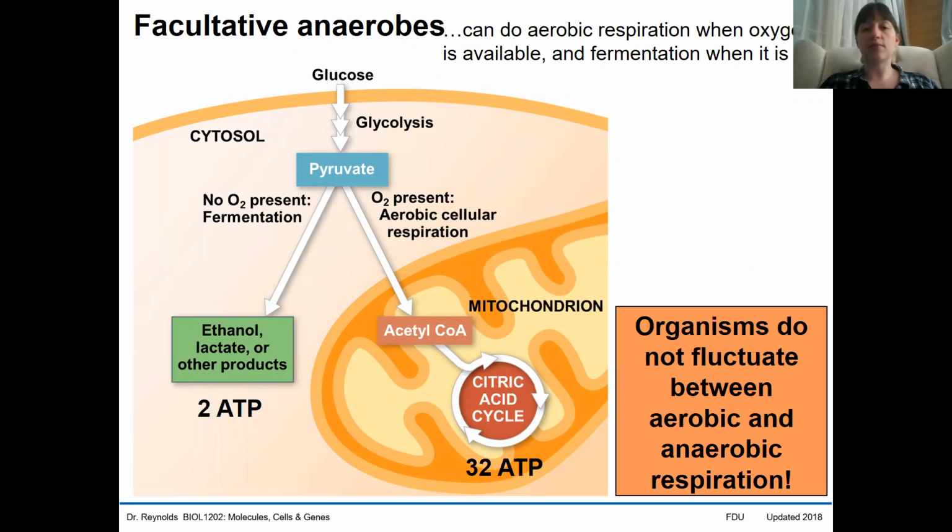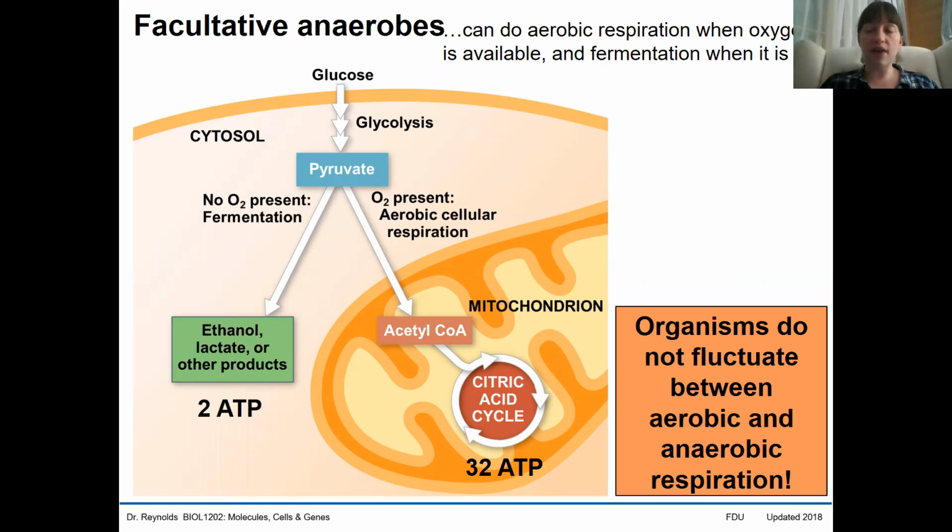These are organisms that use aerobic cellular respiration when oxygen is present. This allows them, in the presence of oxygen, to generate maximum ATP, 32 ATP per glucose. But when that oxygen is gone, they can very easily take the glycolysis that they're already doing, and in the absence of oxygen, no oxygen needed, regenerate the NAD that's needed for glycolysis and just make 2 ATP at the same time.